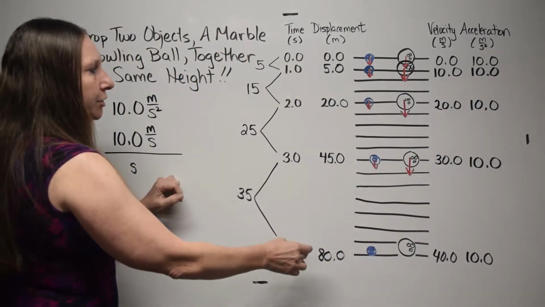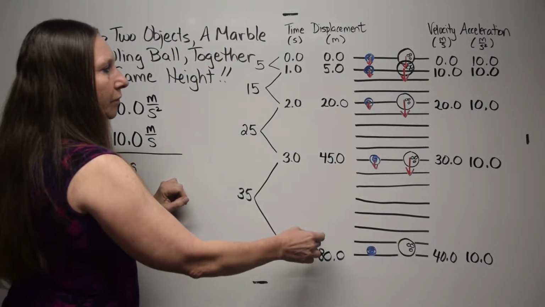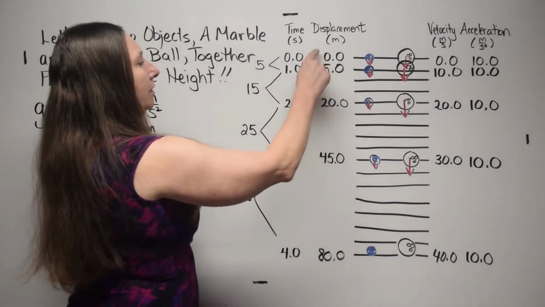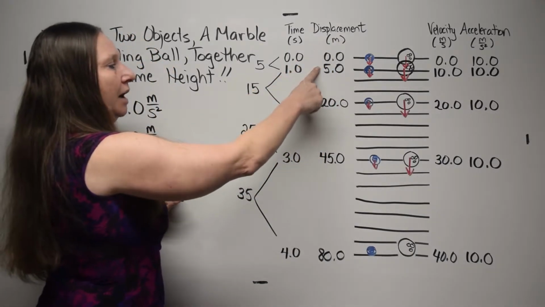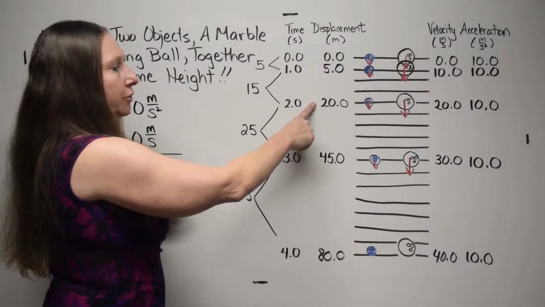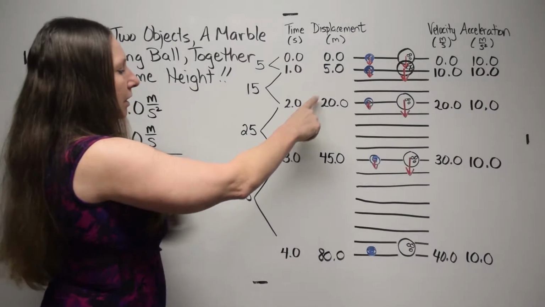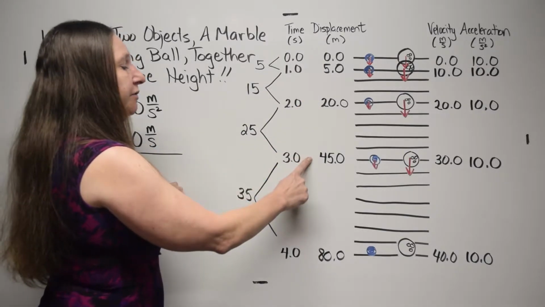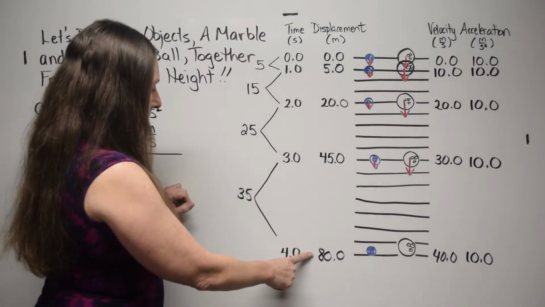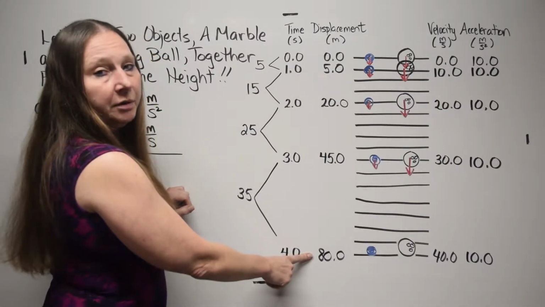But the displacement, from 0, went up by 5. Then 1 second later, it was 15 meters further. Then 1 second later, it was 25 meters further. And then 1 second later, it was 35 meters further.